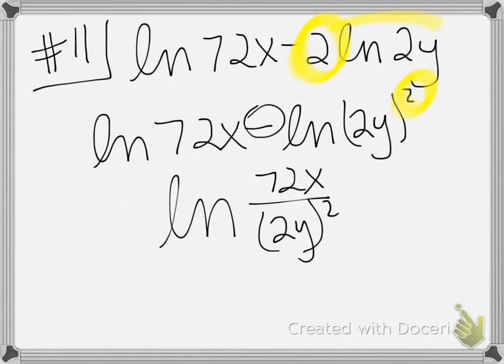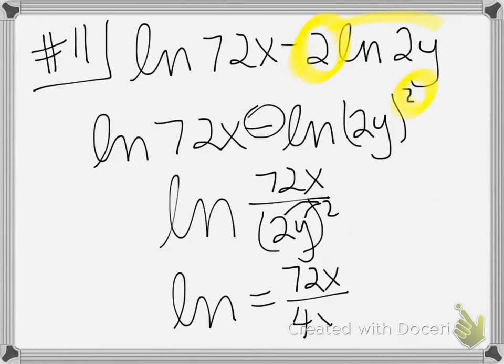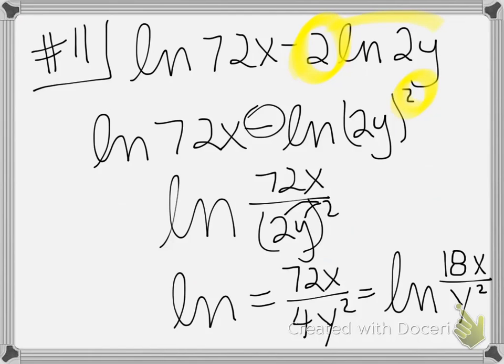Since the squared is for the 2 and the y, I am going to rewrite this as 72x over 4y squared. And you can go the extra step and say 72 divided by 4 actually turns out to be 18. So 18 goes on the top with the x, and y squared stays in the denominator.